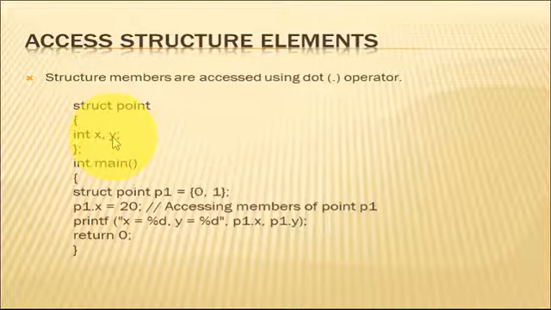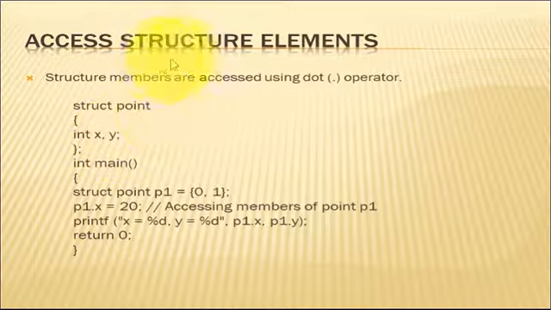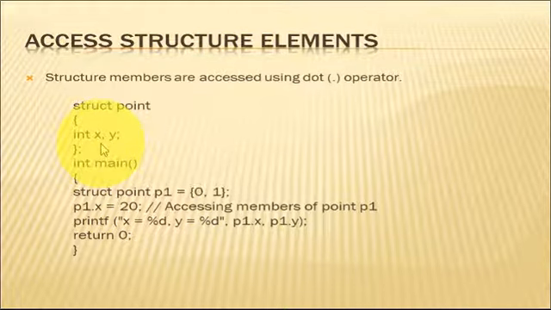These two are kept inside point. To access the x value and the y value, we go through the point variable. We can't directly access x and y; we go through the point variable.